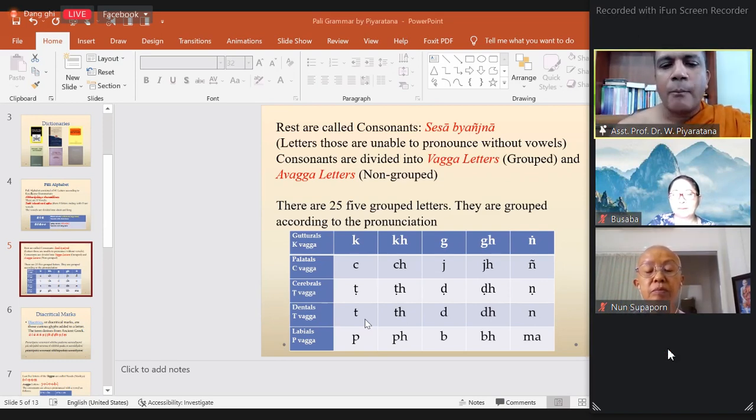Pa, pha, ba, bha, ma. So these five letters we call pavagga, or ottaja.